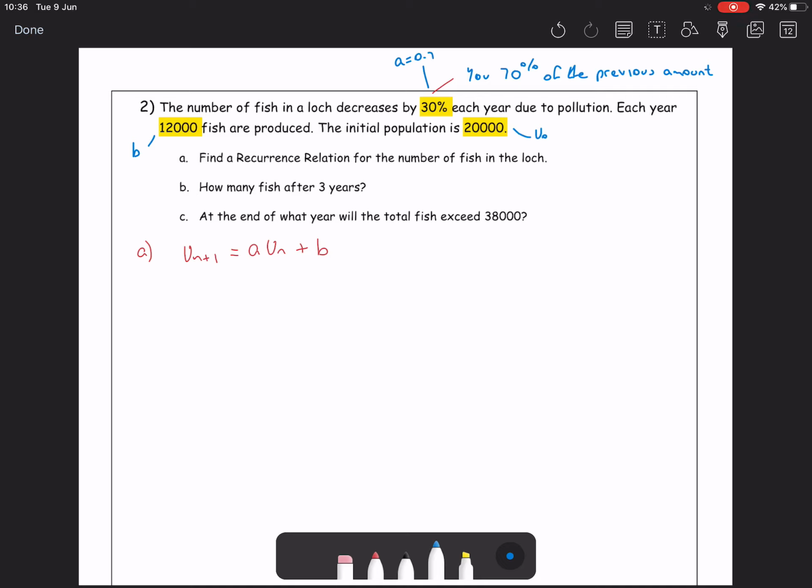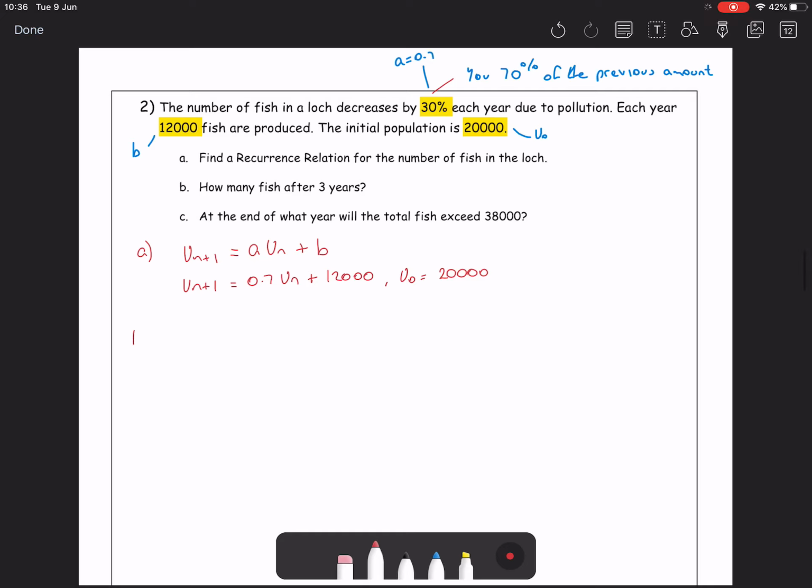So I've worked out all three values. The next term in the sequence is 0.7 times the previous one plus 12,000, because that gets added every single time, where my U0 value is 20,000. That is describing the sequence that we produced in our content.